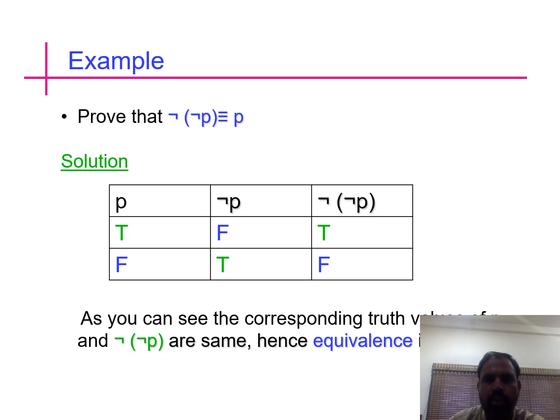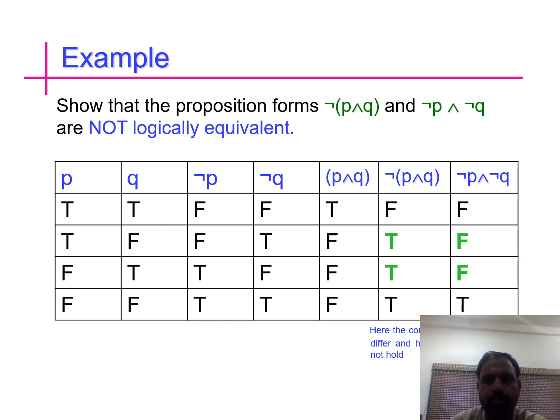Then the negation of the negation of P: if this is false, then the negation of this value will be true. If this is true, the negation of this will be false. As you can see, the corresponding truth values of P and the negation of the negation of P are the same, hence the negation of the negation of P is equivalent to P.